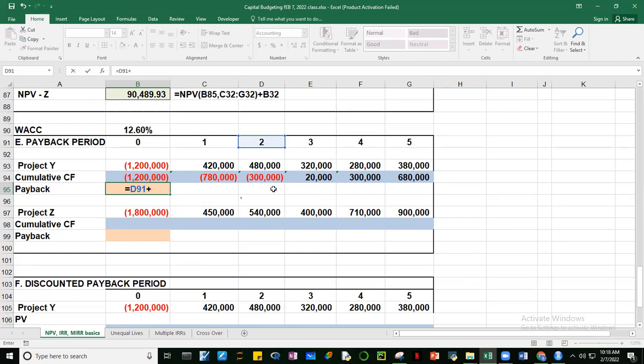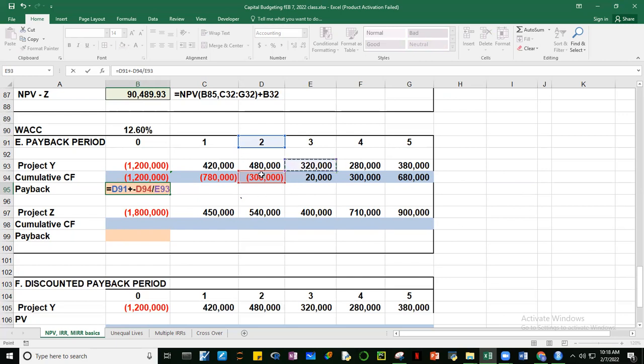Ilan yung makukuha natin sa year 3? 320. So, at the end of year 2, we need to recover 300. At year 3, guys, ang makukuha natin 320. Therefore, we'll just get the ratio. I'm going to put here a negative 300 and then divide it by kung magkano yung marirecover na 320.